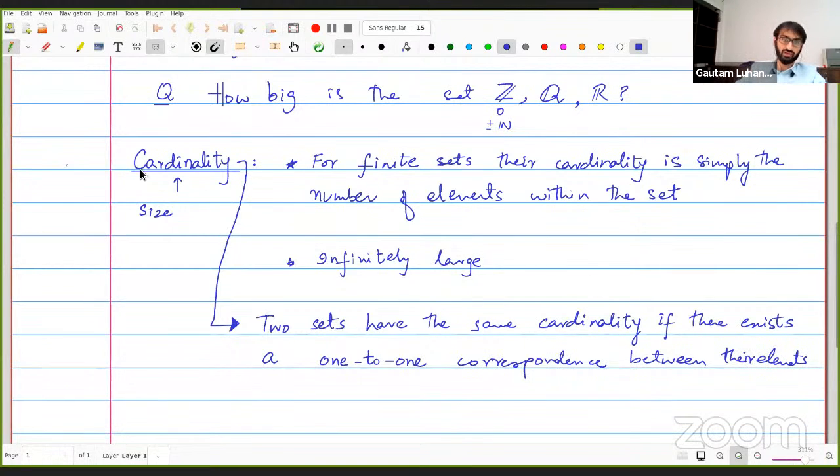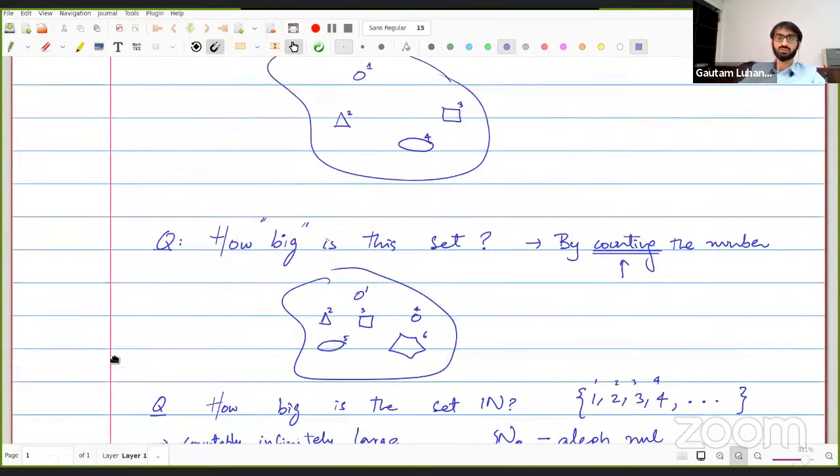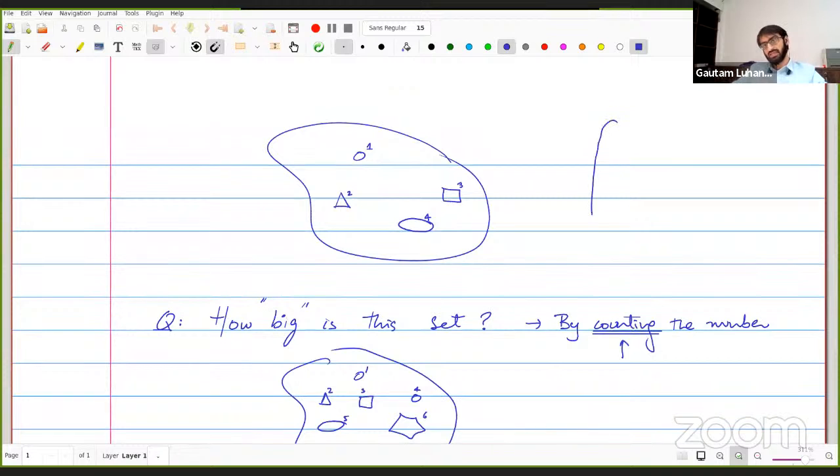So what I mean by that is, suppose I were to make another set right here, which is a subset of the set of natural numbers. It contains simply 1, 2, 3, and 4. My original set on the left, and my new set on the right, which I'm going to use to count the elements on the left-hand side.